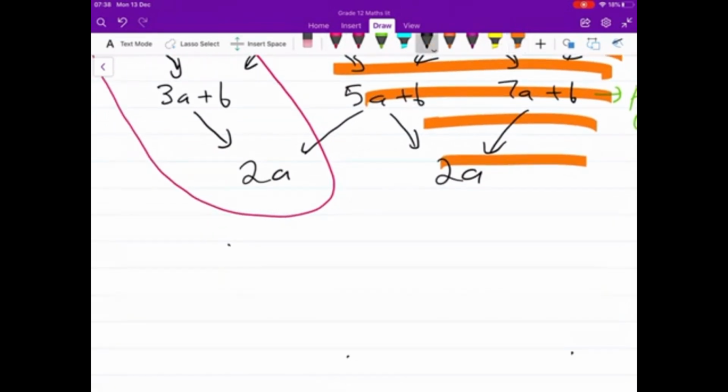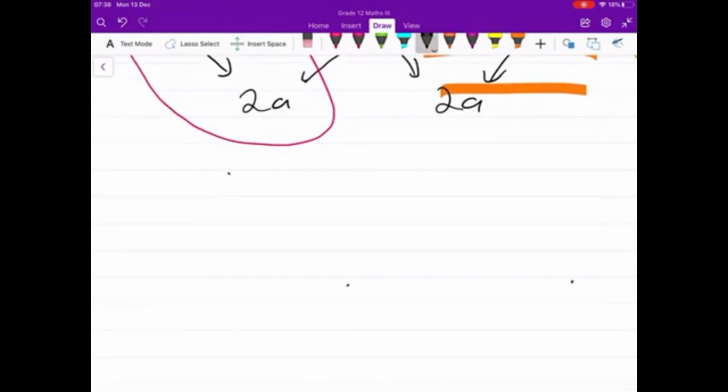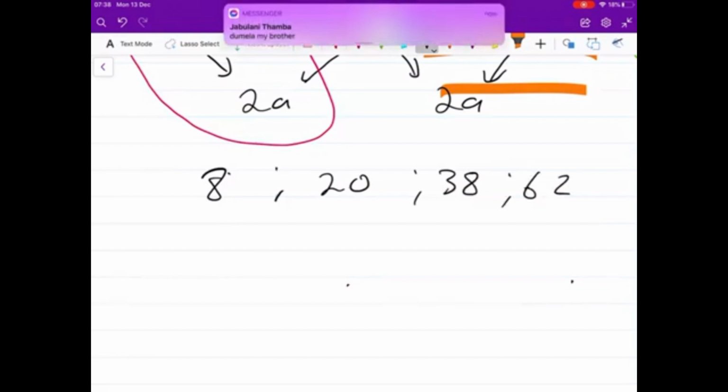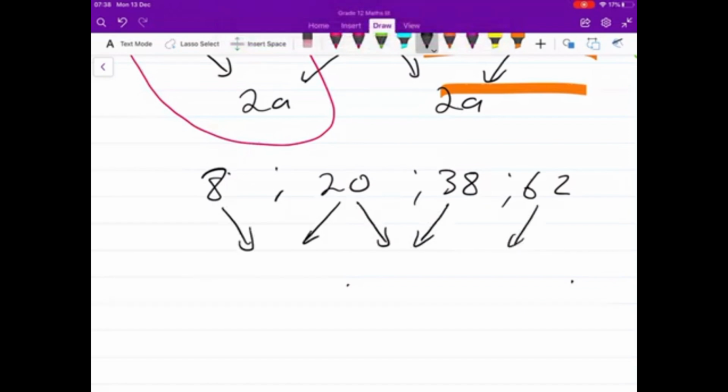Let us consider this. We are given the sequence 8, 20, 38, and 62. We want to find the differences here. 20 minus 8 is 12. 38 minus 20 is 18.